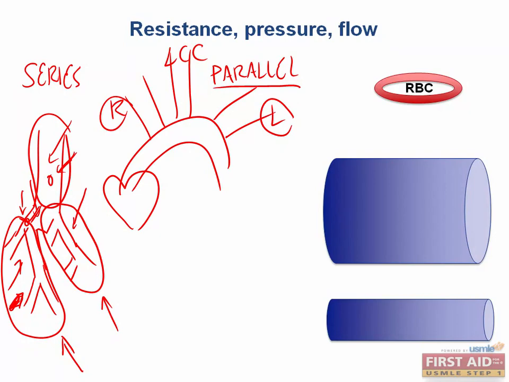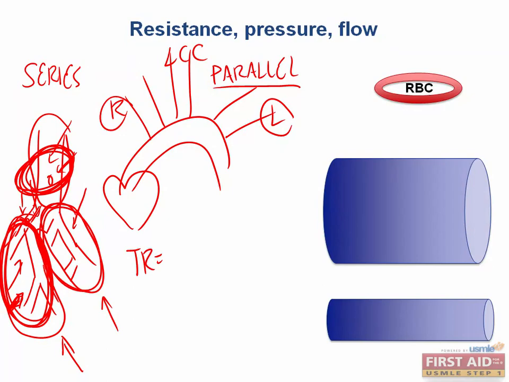And there's obviously a difference in the calculation. If you think about the calculation for the resistance of vessels in series, because everything is connected, the ability of blood to flow in this segment will influence the ability of blood to reach this segment, or this segment, and that is why you have to add them together.